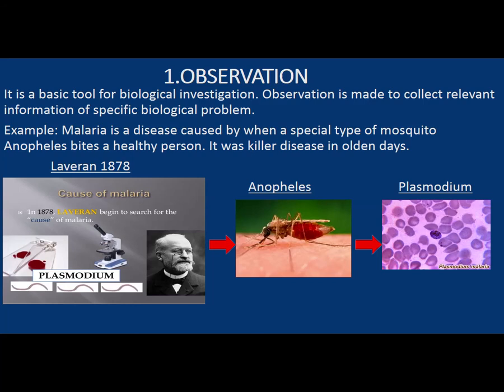In the previous days they said that malaria is caused by bad air. Malaria is a word from the Latin language, mala aria, which means bad air. So they thought that bad air was the cause of malaria.